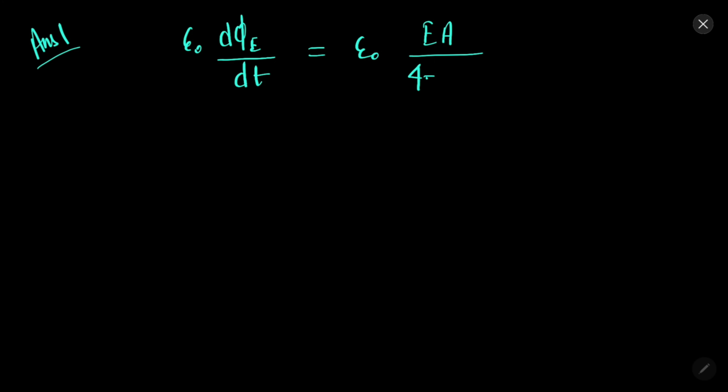So the first one, now the displacement current is given by this formula. This flux can be written like epsilon naught E into area over 4 pi epsilon naught r square over dt.